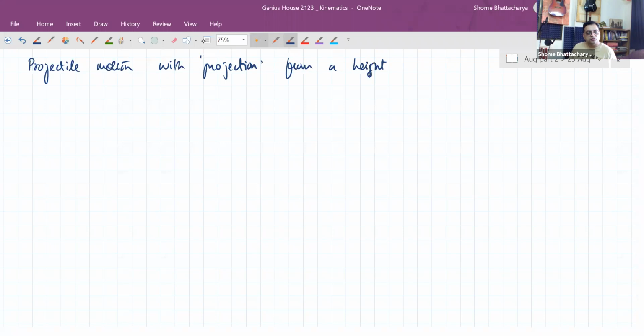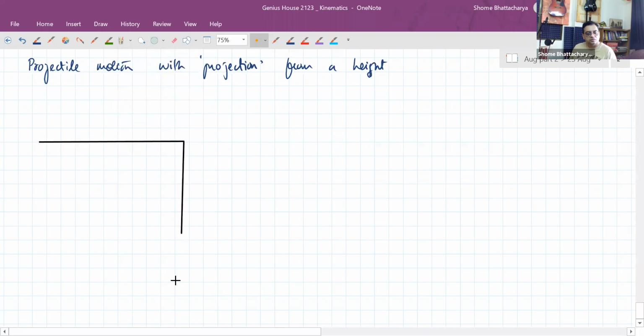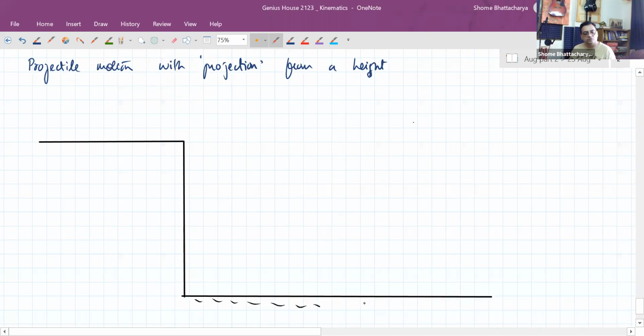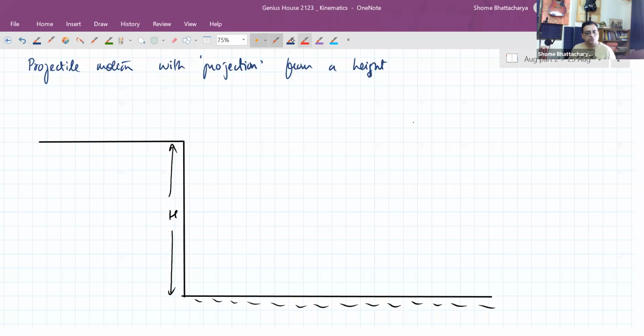Let's say geometrically our situation is now like this. This is our horizontal floor level, but this is a heighted point at a height h above it. And from this corner point, we can project an object.